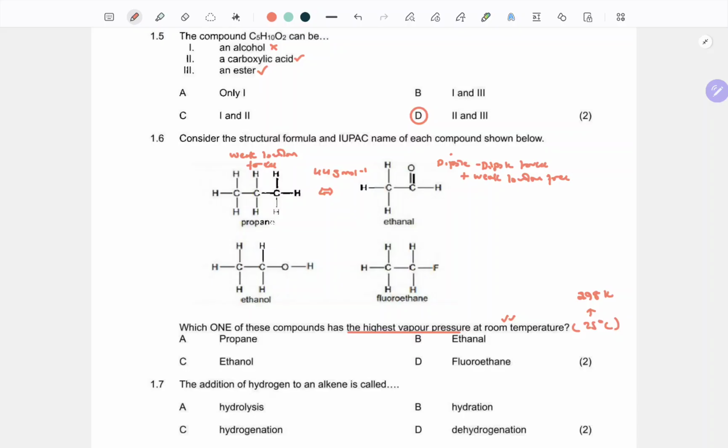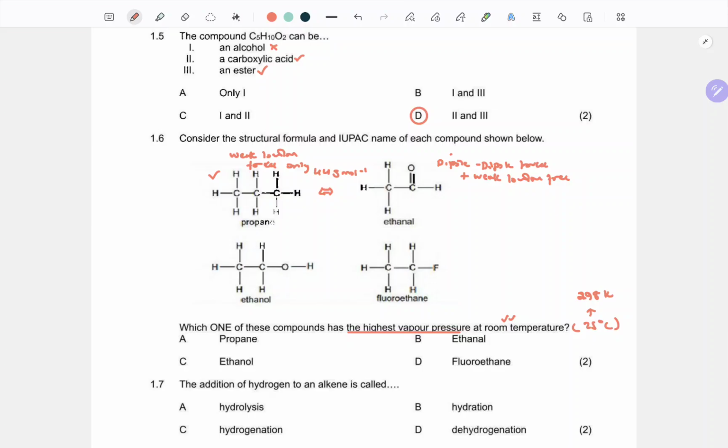So can you see it's got 2 types of forces? Definitely it's going to be stronger. This one has only London forces, right? So this one definitely has an additional strength compared to that one. So obviously between those 2, this is what we would have.